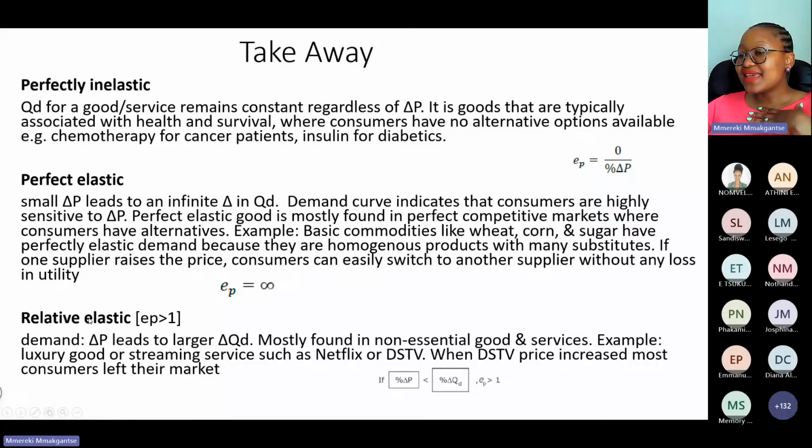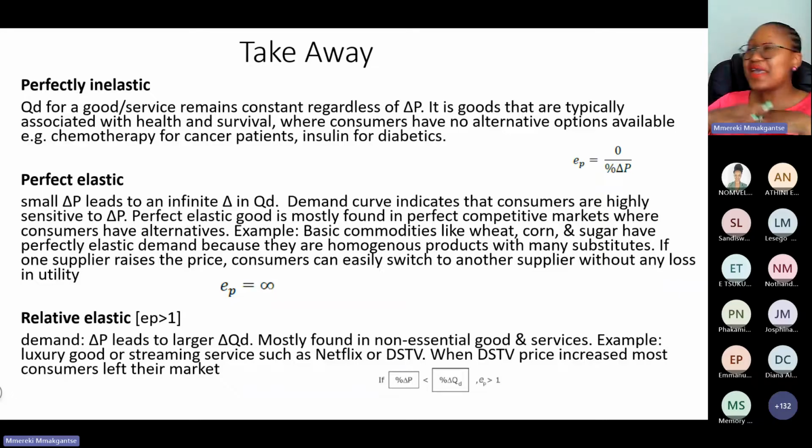All right, and then relatively elastic. I will make an example of relatively elastic: Netflix or DSTV. It's like your subscription. What happened when the price of DSTV increased? Most of the people left the market.